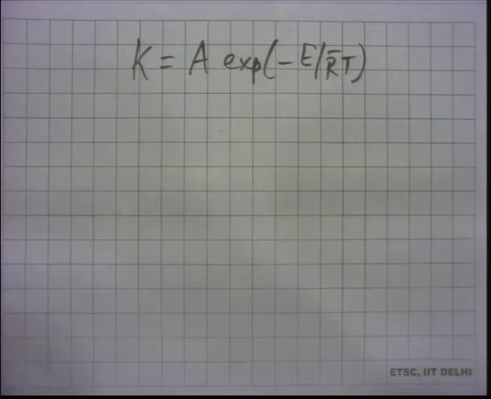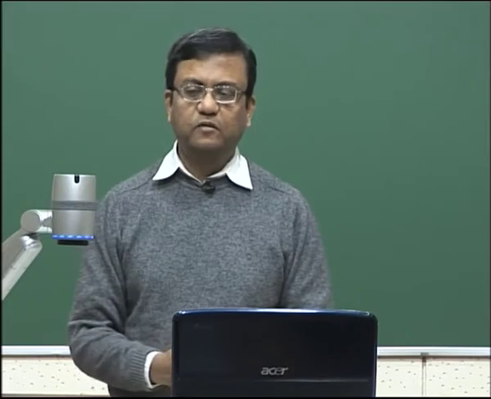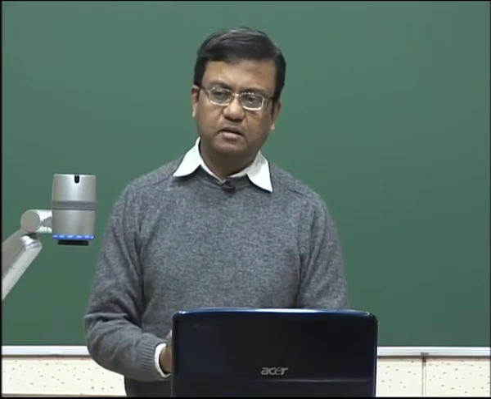What was the reaction rate like? We wrote the reaction rate for A plus B giving you C plus D in the last class, and I said that the reaction rate is minus d/dt of the concentration of A. That is what we did in the last class, we spent a lot of time on that. So, if you do minus d/dt of A, then we call that the reaction rate.